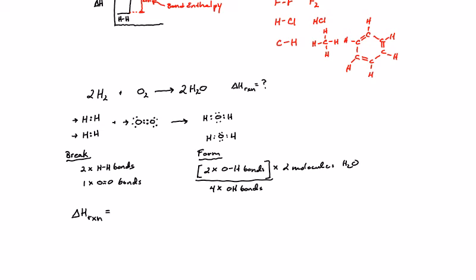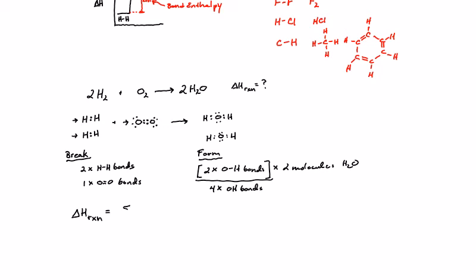Now, in the past we've always seen that the change in a reaction is measured by the final minus the initial, the products minus the reactants. But because of the way bond enthalpies work, the signs are kind of funny. So instead of products minus reactants, we actually take the reactants minus the products.